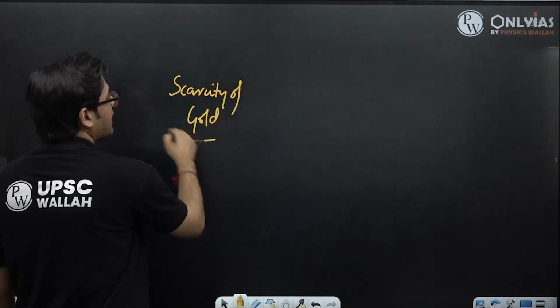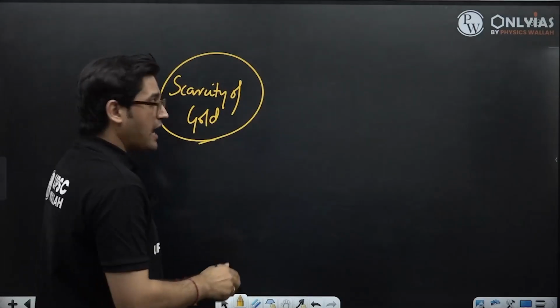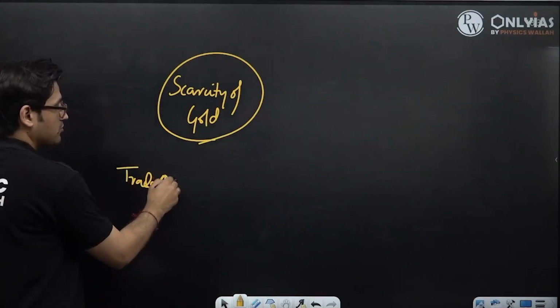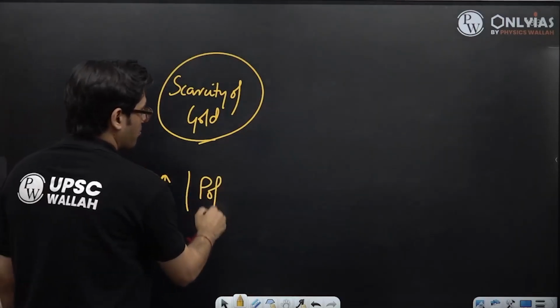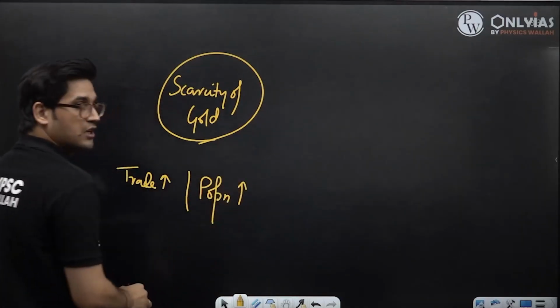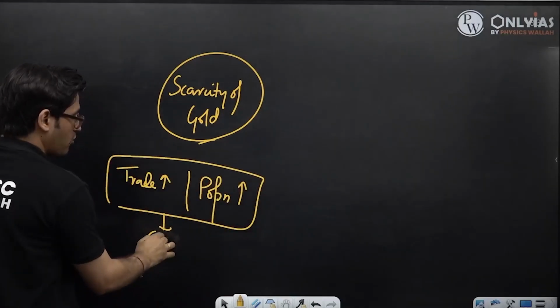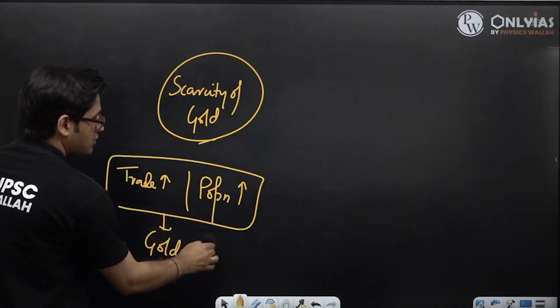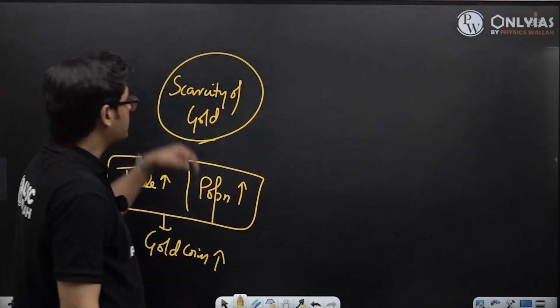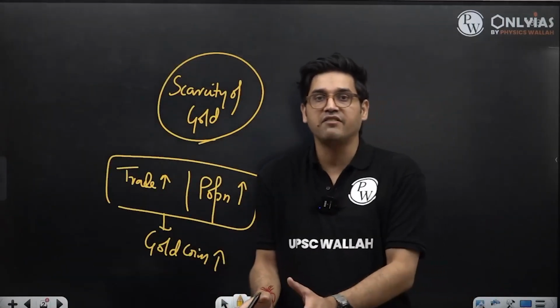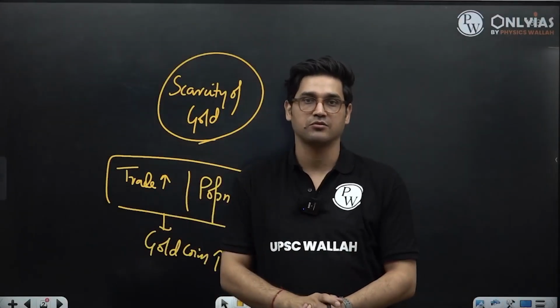Since gold was very scarce, as economies grew, trade is going to grow. As economies grow, population is going to grow. As economies grow, the requirement for gold coins is also going to grow. But since gold is very, very scarce, economies did not have enough gold to make gold coins.